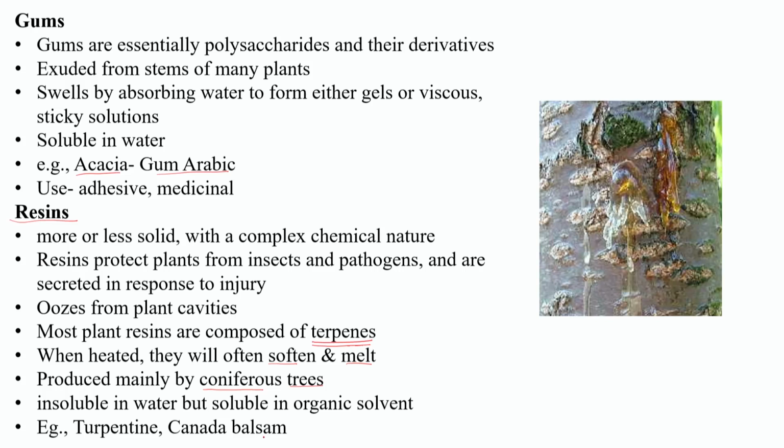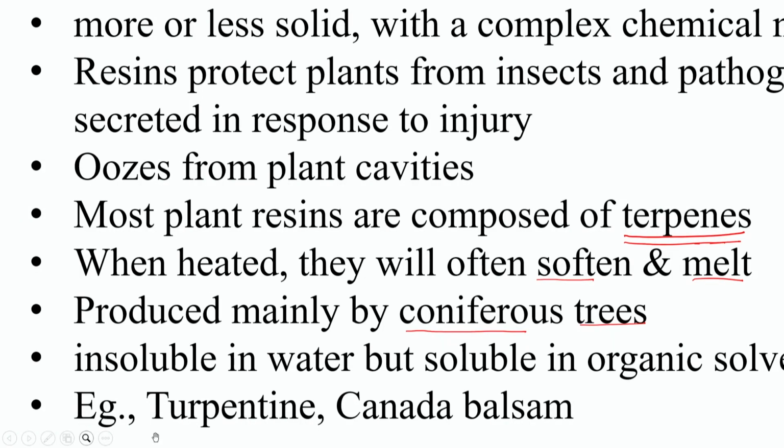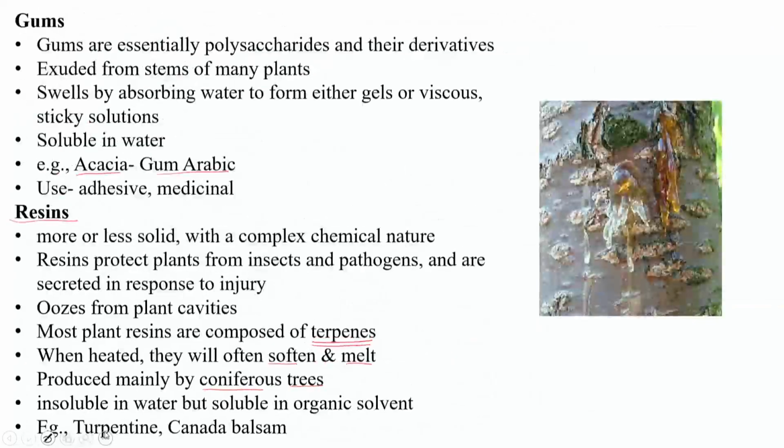An important resin obtained from pine trees is turpentine, and from it an oil, turpentine oil, is made. It is further processed, and the oil has a lot of commercial applications. Another important resin is Canada balsam. This is used in preparing microscopic slides.